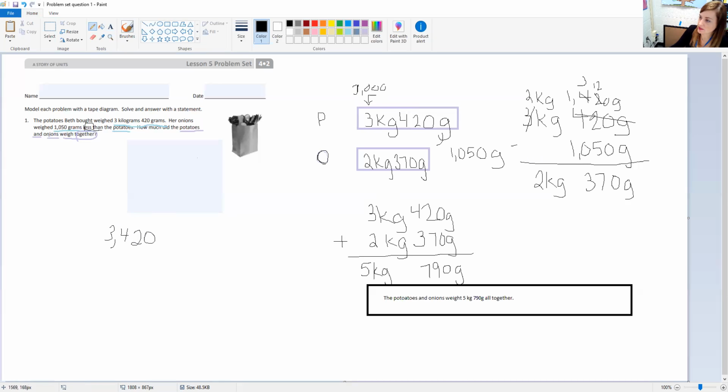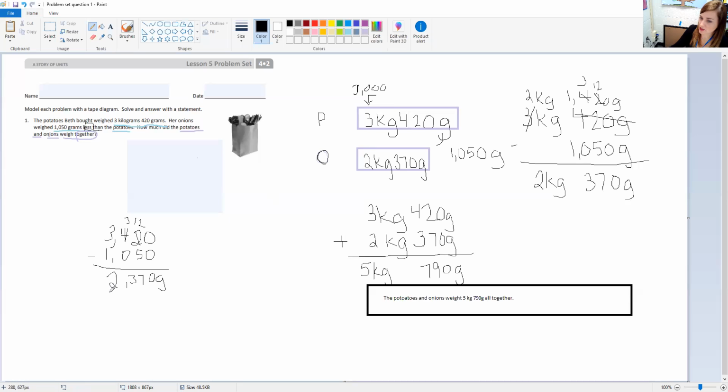And I could have done this same subtraction here, but maybe a little bit faster, minus the 1,050. 0 minus 0, 0. Can't do that. Change it to a 12. Change this to 3. So this becomes 7. 3 minus 1 is 2. So I got the same answer, but this time it's all in grams.